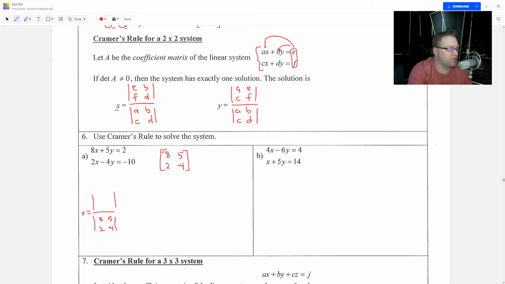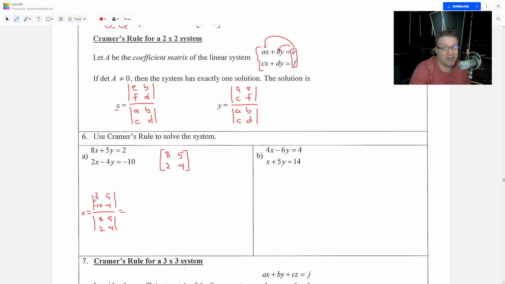Remember, we're going to take away the x's and we're going to put this 2 and negative 10 in. So it's going to be 2, negative 10, and then 5, negative 4. Now all we have to do is solve this. What is the determinant of this top one? Well, 2 times negative 4 is negative 8, and then 5 times negative 10 is negative 50.